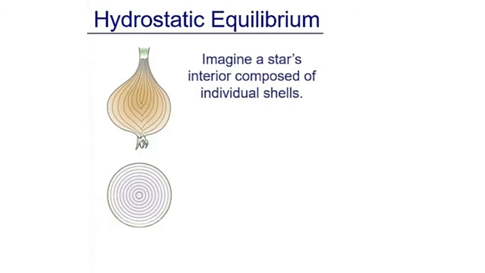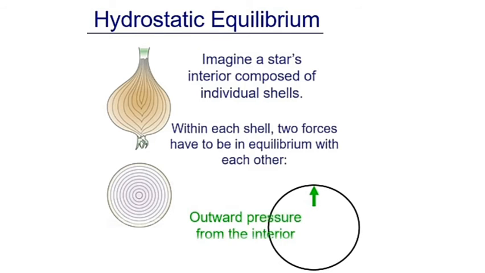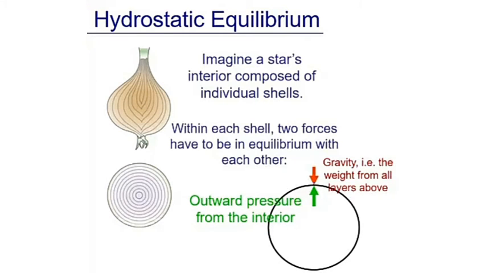Hydrostatic equilibrium. All right, imagine that a star's interior is composed of individual shells, each pressing on the other. In order for the star to maintain its structure, we use the law of hydrostatic equilibrium. The pressure on a layer from the weight above must be balanced by the pressure in the gas. Gravity is pulling down, and the pressure pushes outward, and they have to be equal.